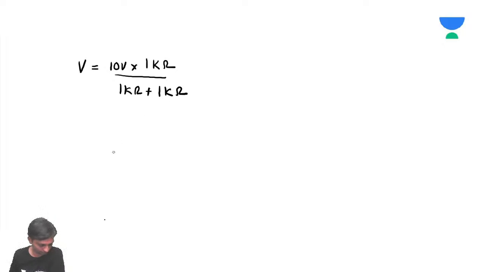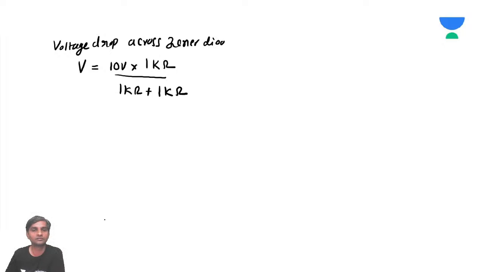So it is 10 volts into 1 kilo ohm by 1k plus 1k. That is 10 by 2. Kilo ohms get cancelled. So V across the Zener diode is going to be 5 volts.